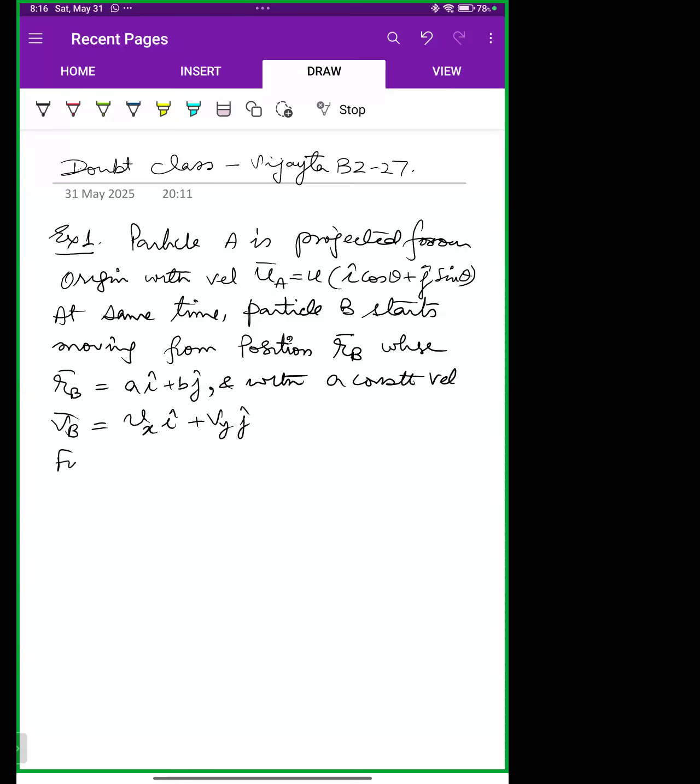Find the condition of their collision in terms of theta. Okay, and theta is here.